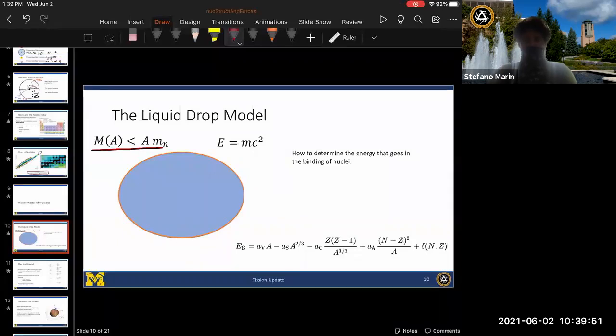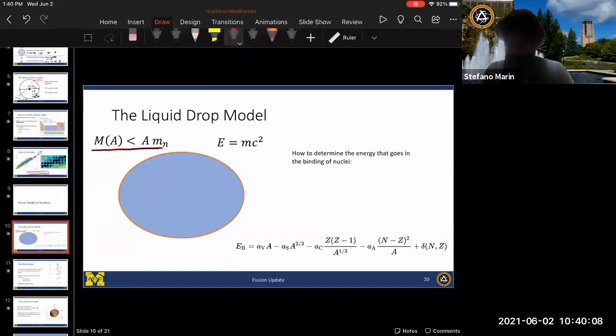So the mass of the collective is less than the mass of the constituents together. You weigh all the components, you bring them together, and now some mass disappeared. Where has that mass gone? Well, that mass has gone into energy, binding energy that keeps the thing together.